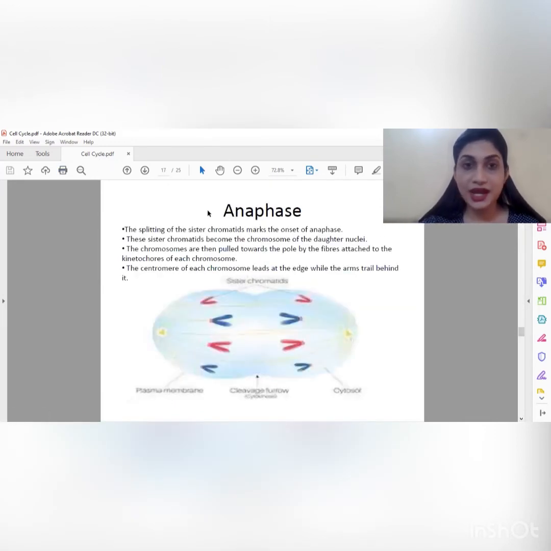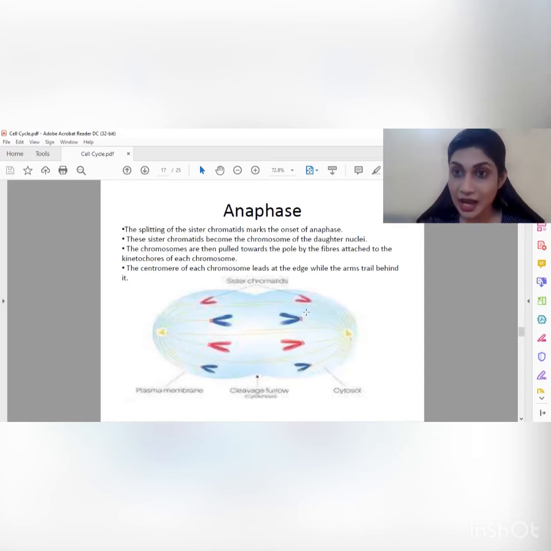So let's come to anaphase. The splitting of sister chromatids marks the onset of anaphase. The chromatids split and move towards the opposite poles. These sister chromatids become the chromosomes of the daughter nuclei. The chromosomes are pulled towards the poles by the fibers attached to the kinetochore of each chromosome. The centromere of each chromosome leads at the edge while the arms trail behind it.